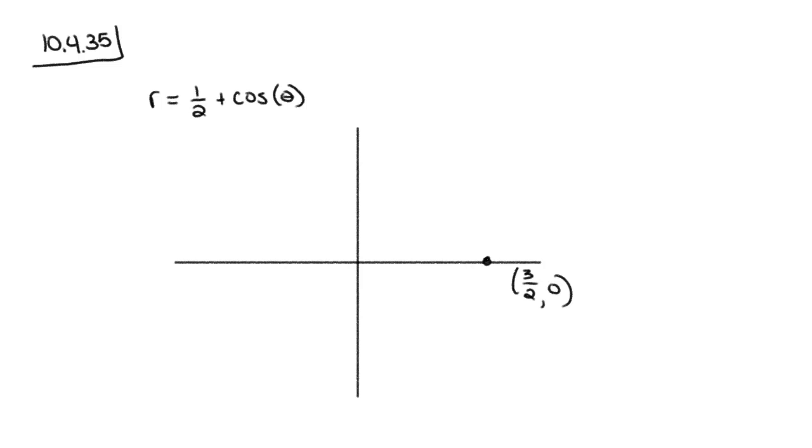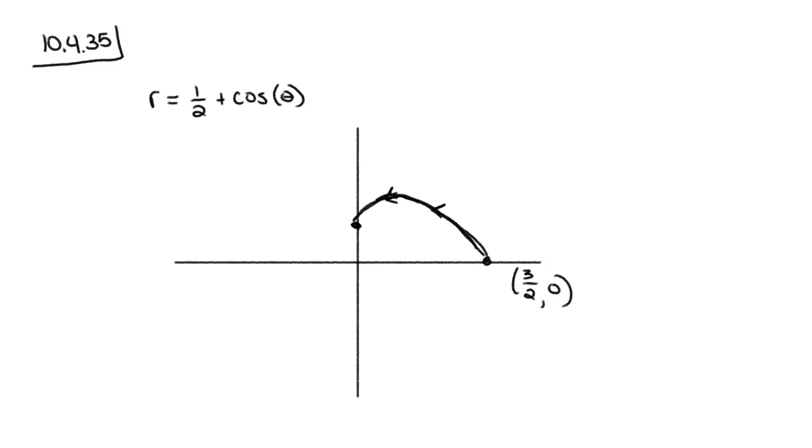When you're at theta equals pi over 2, cosine of pi over 2 is 0, so we're only out at a distance of 1/2. It actually looks kind of like this when it curves out. Bows like this. Maybe not as terrible as that, but close enough.